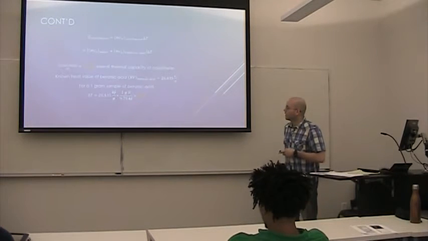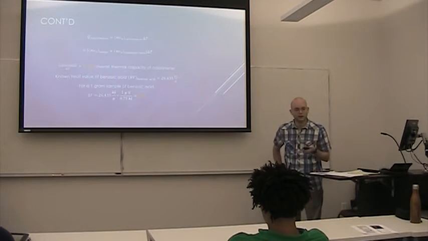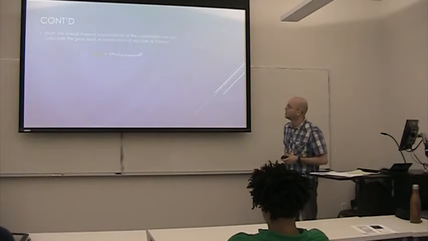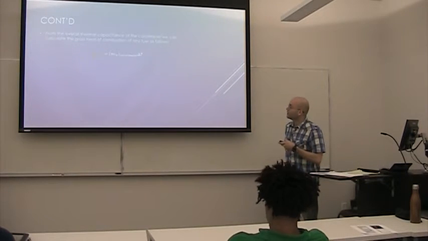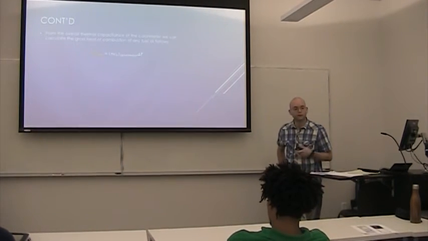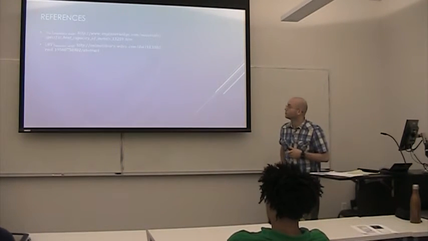I was able to use this known value and this calculated value from an example, and I got a pretty similar temperature to what Alexander got. And again, from this, you can calculate any heat liberated from any fuel. So those are my references.